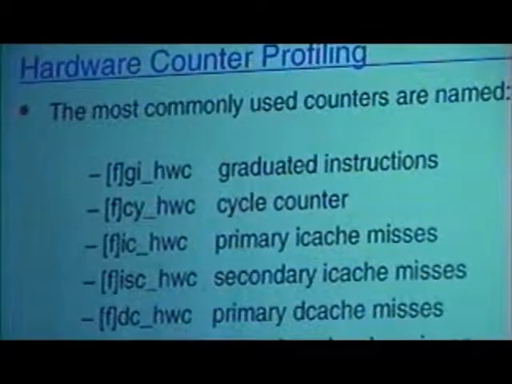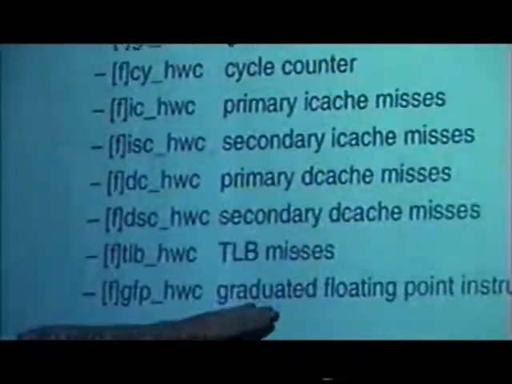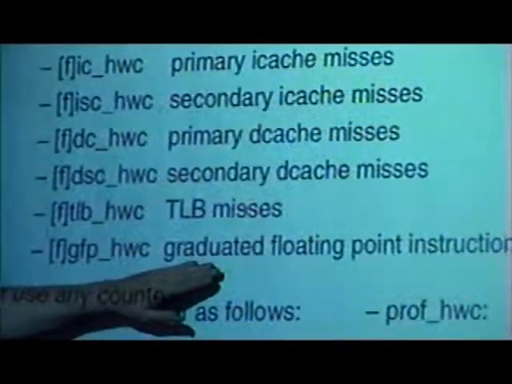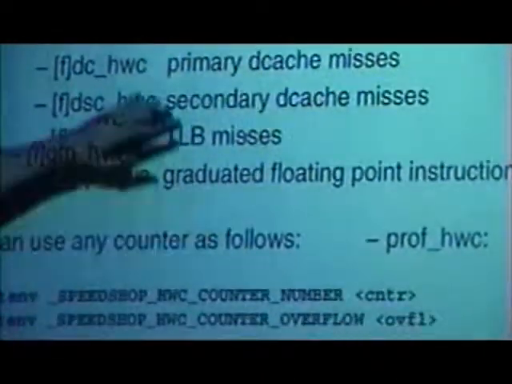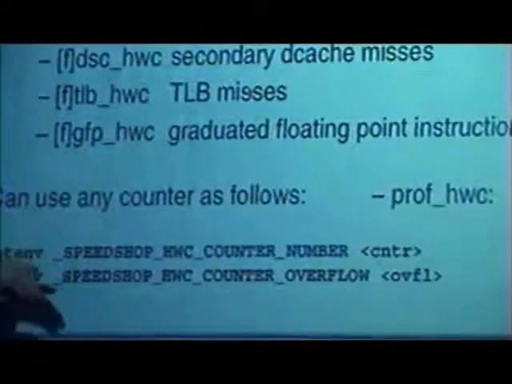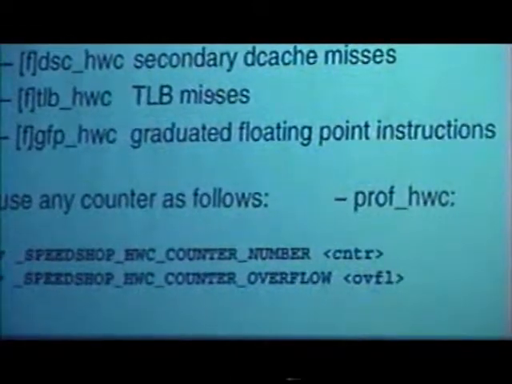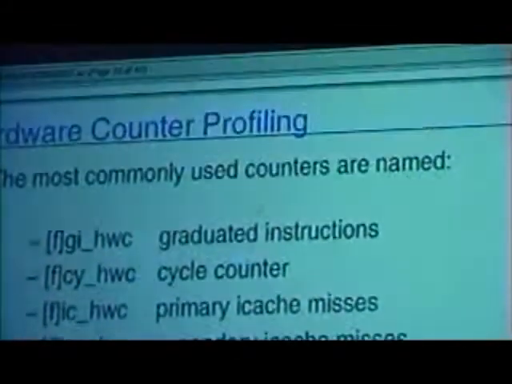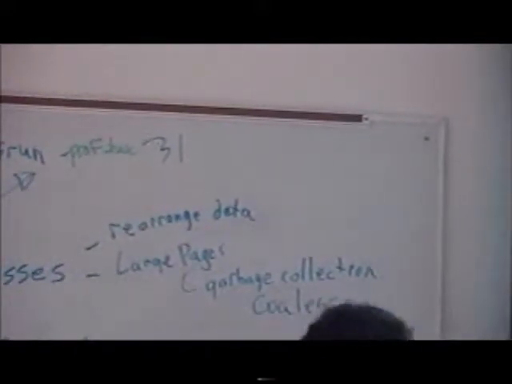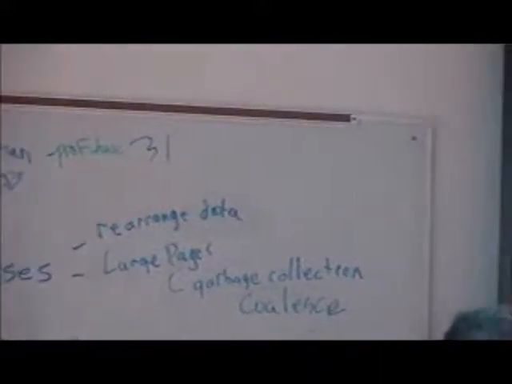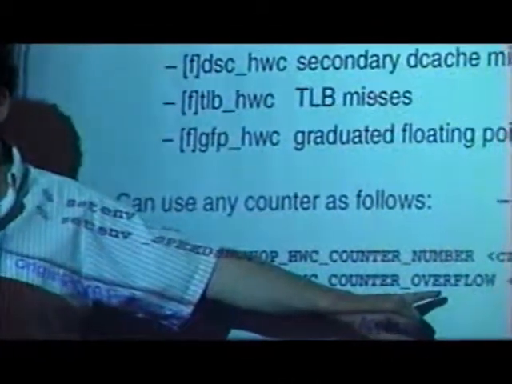But it might be helpful for you to trap on floating point so you can find out where am I spending all my floating point work. But again, not all of the counters are on the command line, so in that case you need to do your prof HWC. I probably should have put that up here. And when I do it that way, then I have two environment variables that say what counter number do I want and what counter overflow value do I want to use.